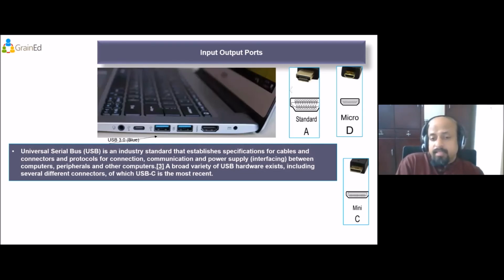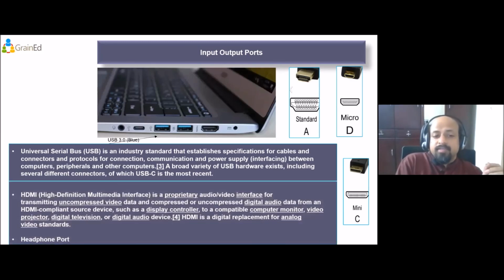I came to know only recently when I wanted to prepare. I just asked, okay, I need one USB port, but there is something called USB 3 that is the latest. Now, I don't know, maybe yesterday they released something new, but USB 3 is blue in color. That's the latest. The external hard drives or external drives we connect these days use this, and you have HDMI, high definition multimedia interface, headphone ports, and you can see standard A, standard B, standard C, and all this.